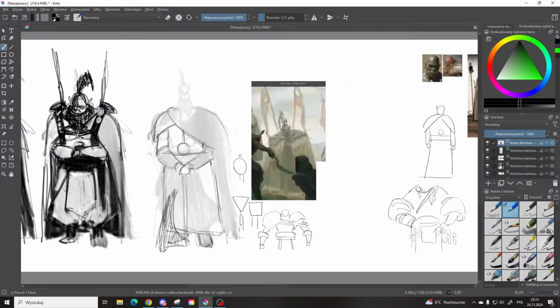I'm not sure for the head. What could I do here that would be interesting? He would definitely have a hole here for his head.